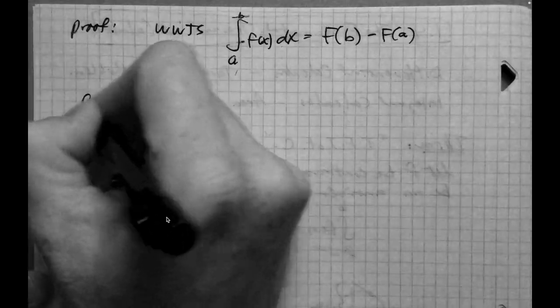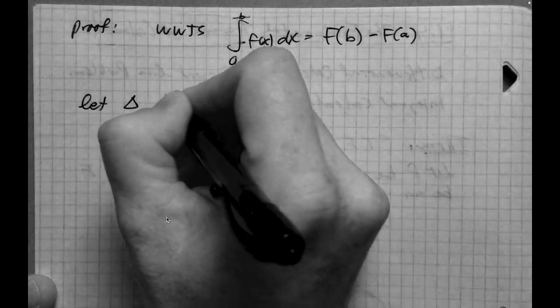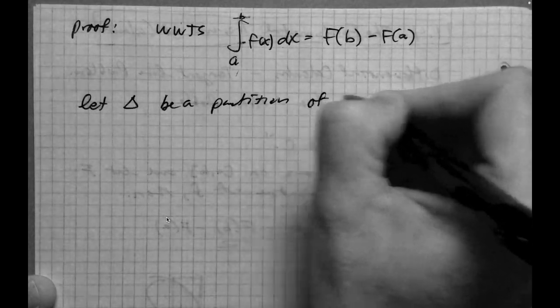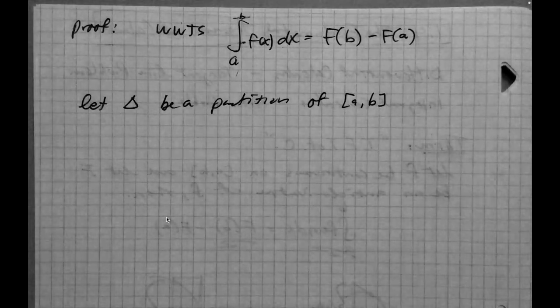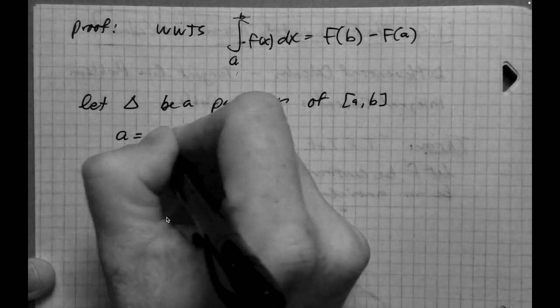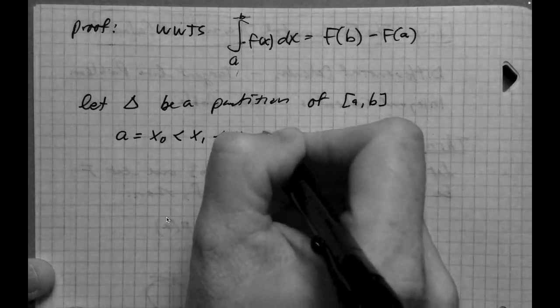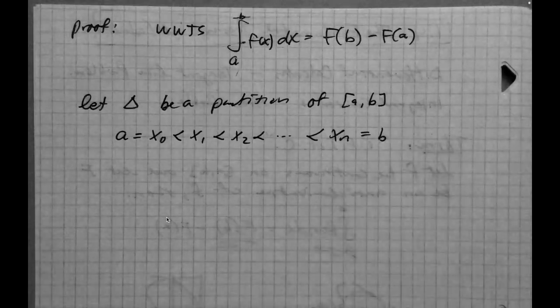So we're going to start with a partition of [a, b]. Let delta be a partition of the closed interval [a, b] on which we're operating. We can write that out more explicitly: a equals x0, which is less than x1, which is less than x2, dot dot dot, less than xn, which is equal to b.